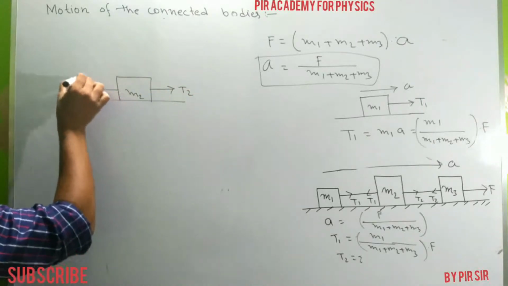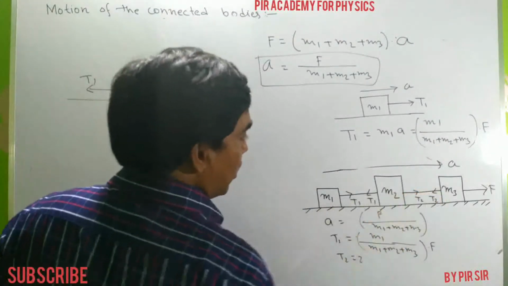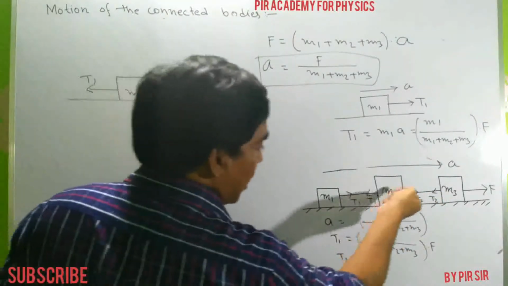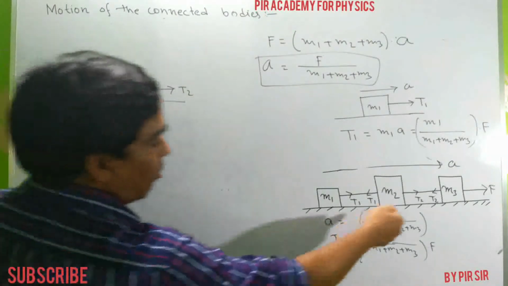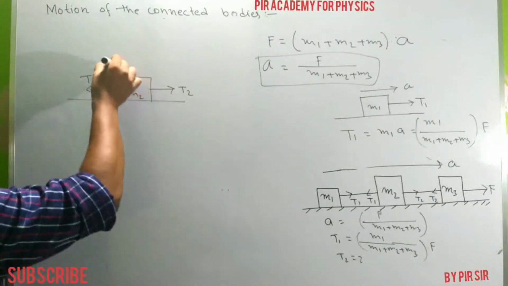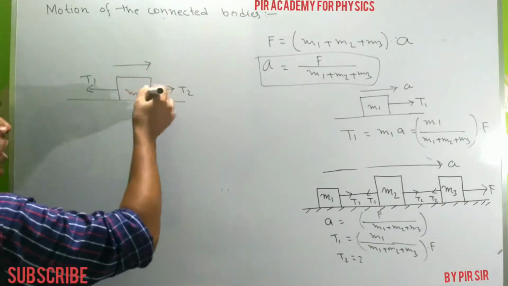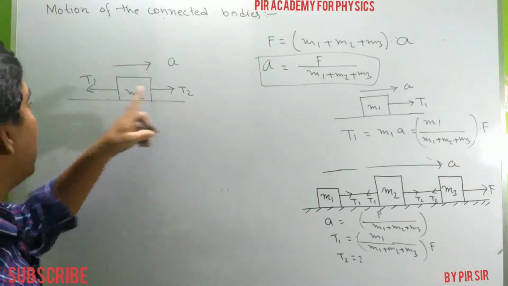The total system of M2 is accelerated in the direction of T2. That means T2 is greater than T1.